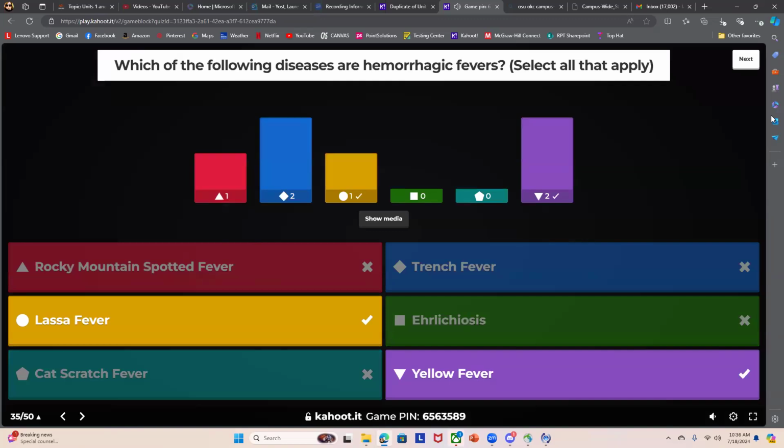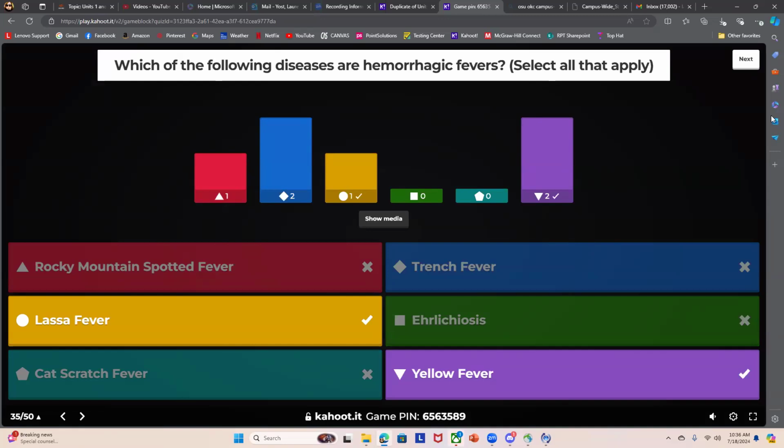Okay, so just Lassa fever and yellow fever for this one. Rocky Mountain spotted fever is not a true hemorrhagic fever. You do get spots from some petechiae involved in that, but because we don't have that form in the same way that we would see with Lassa fever and yellow fever, it doesn't really count.